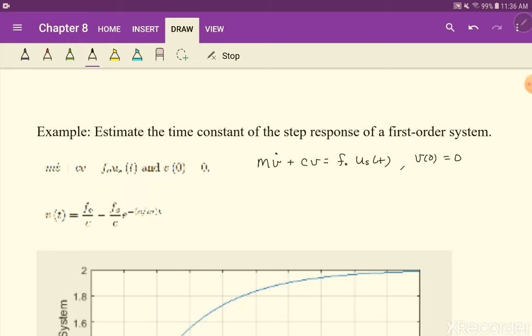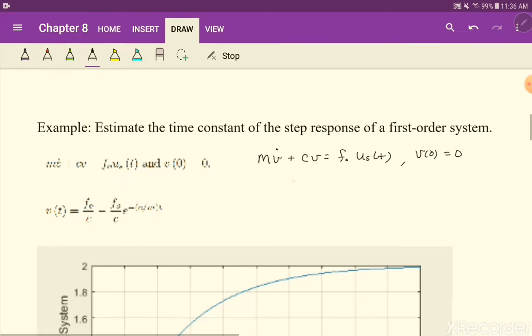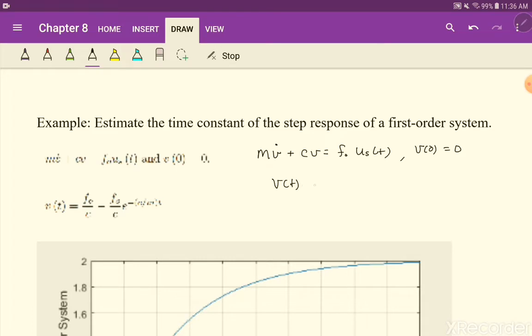Then you have a response where v of t equals a particular solution, f0 over c, minus some constant c1, which is different from the damping coefficient c, times e to the minus c over m t. Pause the video and make sure that this is a correct solution with the initial conditions applied.